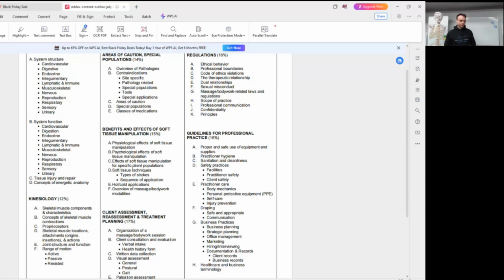Now the proprioceptors, and this is our first example of how interrelated these categories are and how one category could technically still have parts of another category, because proprioceptors are actually found in the nervous system, or we might even find them in the muscular system from the previous category.